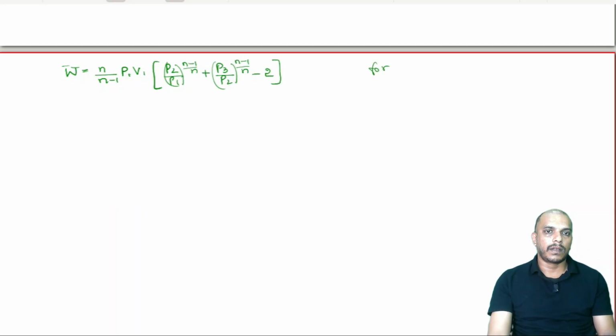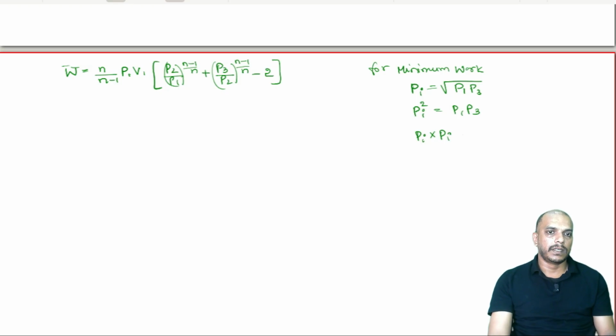Now, of course, we are deriving work transfer for minimum work or maximum efficiency. So, for minimum work or minimum power input, we have derived that the intermediate pressure is equal to the square root of, let us assume 2 stages, P1 P3, or we can also write Pi square is equal to P1 P3, or we can say that Pi into Pi is what?